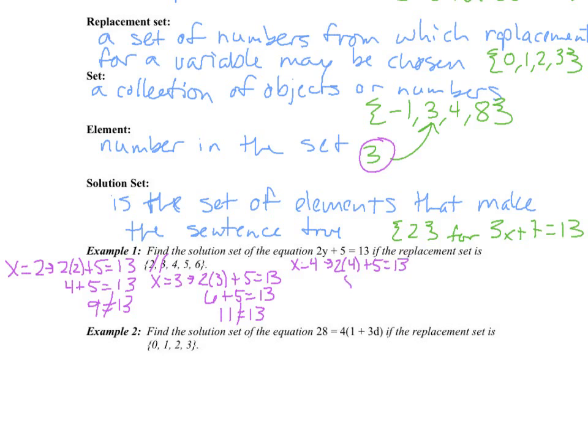So 2 times 4 is 8, plus 5 equals 13. That gives me 13, so that one works. Try 5. That gives me 10, and I get 15. 5 is not in my solution set.